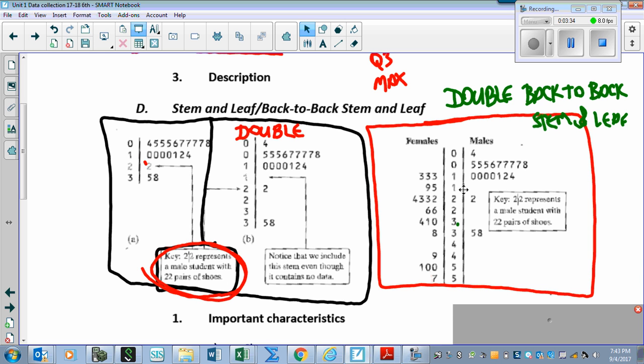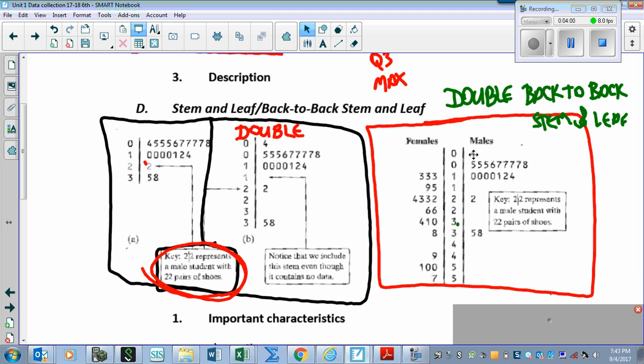When we are comparing, we need to talk about both distributions and how they compare to each other. We could point out what the median is, and I'm just going to eyeball it here. It looks like it's about 7 pairs for males and about 26 pairs or maybe 24 pairs for females. So it's higher for the females than for the males.